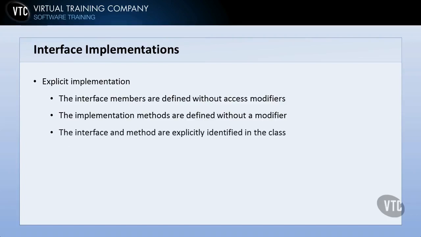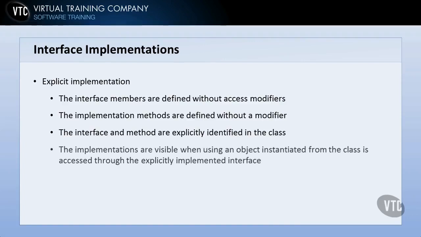And what we're going to do then is explicitly identify that method using the interface and method name in the class. Now, the explicit implementation of a method makes that method visible when you use an object that's instantiated from the class, although it's accessed through the explicitly implemented interface.